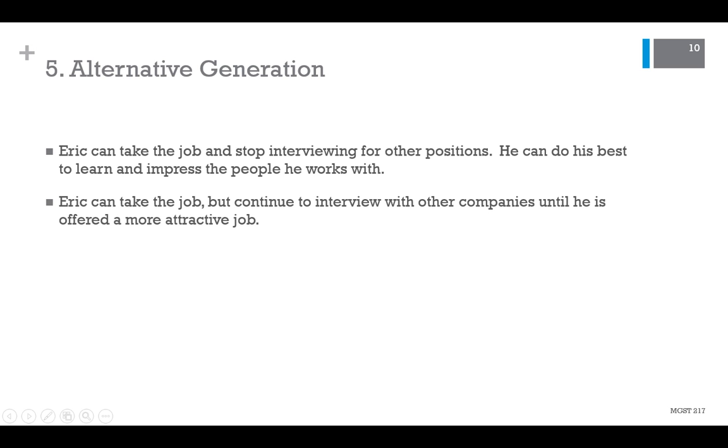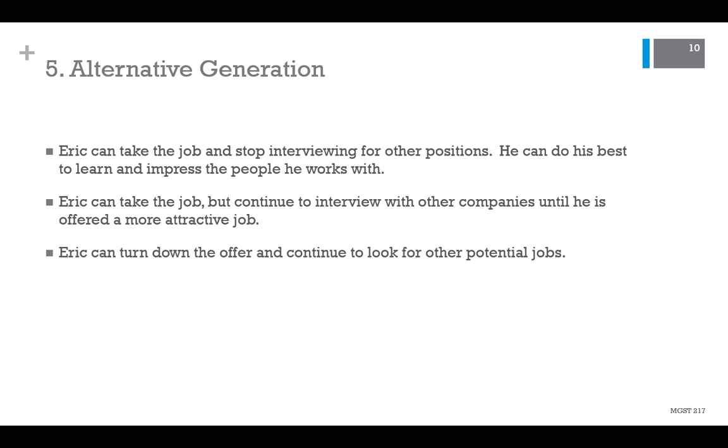But in reality, his heart's not really in it. He's going to continue to interview with other companies and really hope that he gets another more attractive job offered to him. And a third alternative is that he could actually turn down the offer and continue to look for other potential jobs, leaving that position available for other students that may be looking for a position just like that.